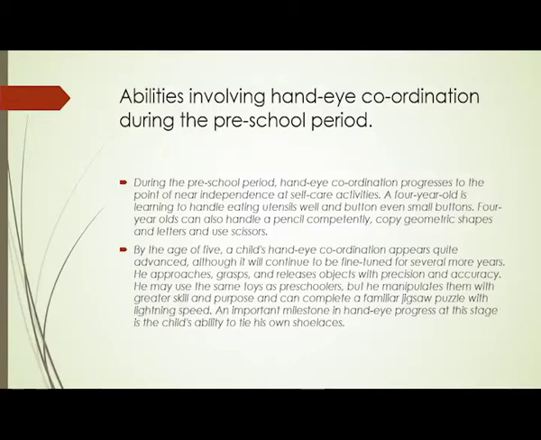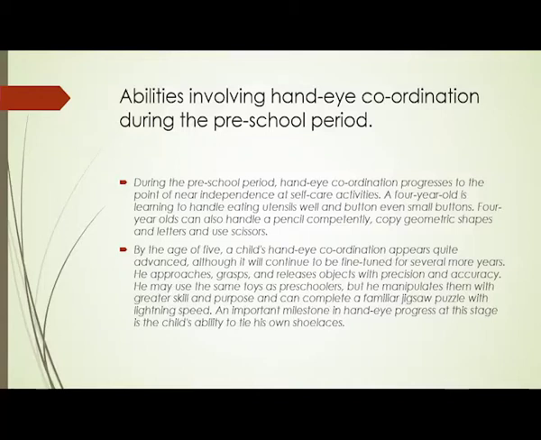By the age of 5, a child's hand-eye coordination appears quite advanced, although it will continue to be fine-tuned for several more years. He approaches, grasps, and releases objects with precision and accuracy.